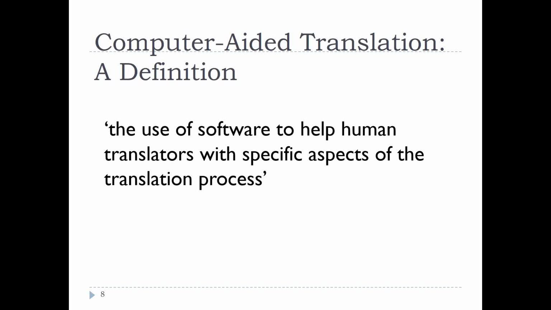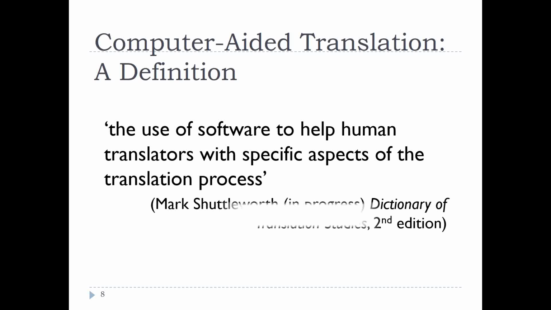Okay, going on now. So we've talked briefly about human translation and machine translation. Now, residing somewhere between those two concepts is that of computer-aided or computer-assisted translation. And this can be defined as the use of software to help human translators with specific aspects of the translation process.